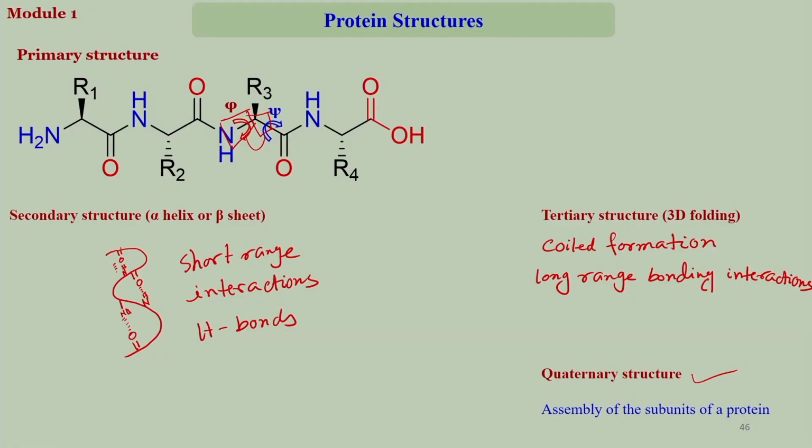So, those different subunits of the protein are interconnected, of course. The way they are interconnected and form a total structure is known as the quaternary structure. So, the quaternary structure is basically the assembly of the subunits of a protein.